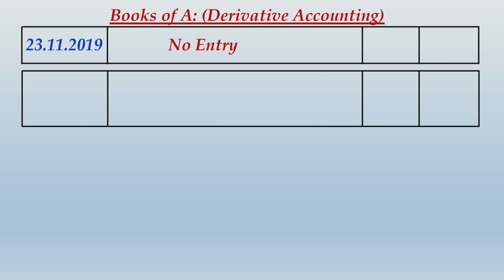Let us now arrive at the next date, that is 31st March 2020, the reporting date. At this reporting date, A has incurred a loss of rupees 24,000. Why has A incurred a loss of rupees 24,000? Let me explain this once again. You notice that on 31st March 2020, the market price of shares of X Limited is reported as rupees 154.